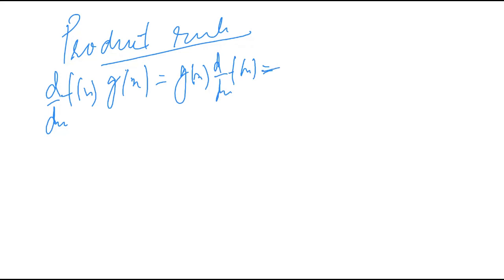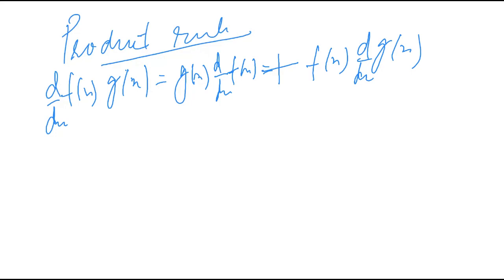Plus, this is the sign of plus, fx will remain as it is, and you have to differentiate gx. At one point, you differentiate the first function, the others remain as they are. And in the second step, with the plus sign, you put the first function as it is, and you differentiate the second part, which is gx here.